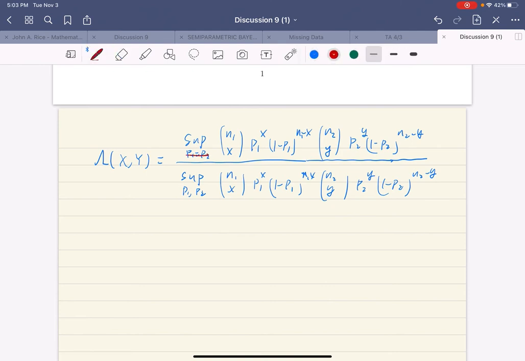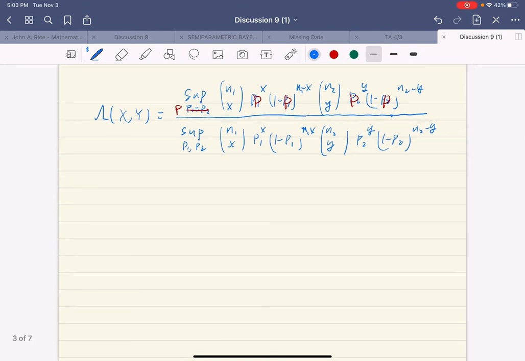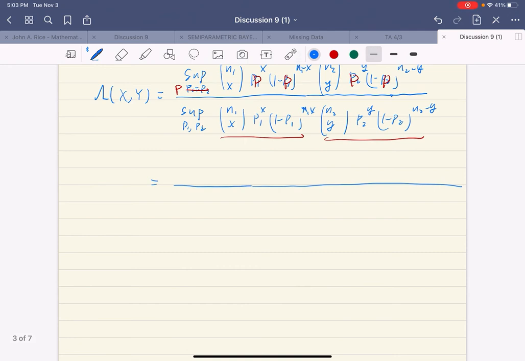In the numerator, since p1 equals p2, we can do it like this and use p. In the denominator, we can separate p1 and p2 because these two terms are independent, so it can be like this with p1 and p2.